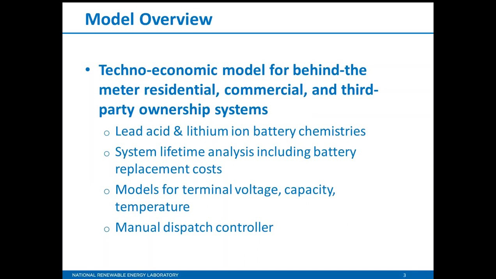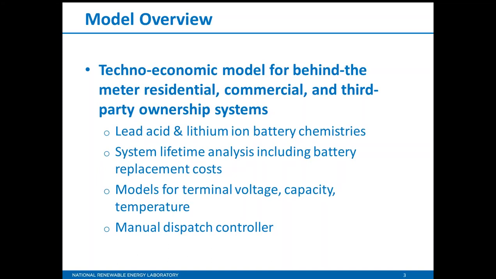So what is the battery model in SAM? It's a techno-economic model for behind-the-meter residential, commercial, and third-party ownership systems. It's worth pointing out that it's not looking at other topics of a lot of interest in storage, including frequency regulation, transmission and distribution deferral, those kinds of utility scale battery storage topics of interest.